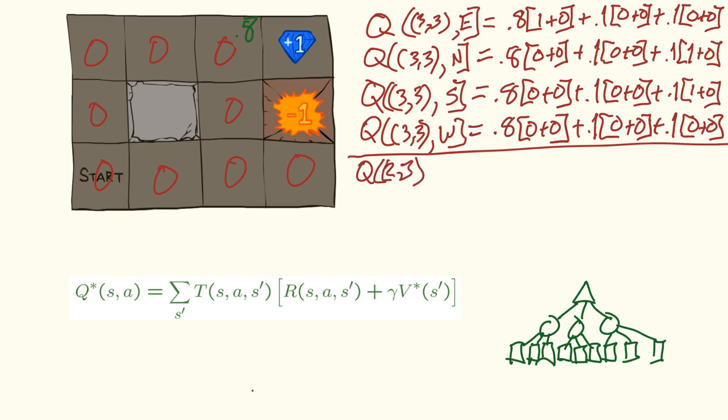If we go east, we get 0.8 times -1, -0.8, plus 0.1 getting 0 and 0.1 getting 0. So we get -0.8.